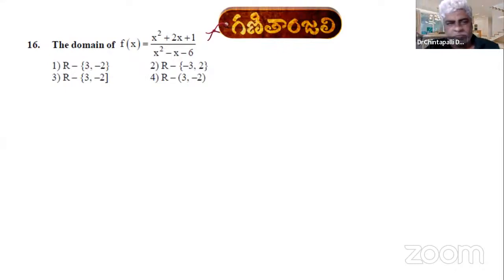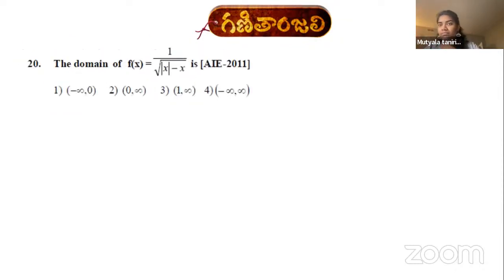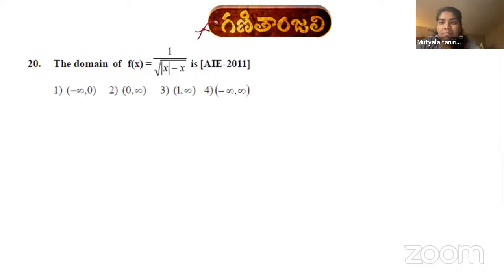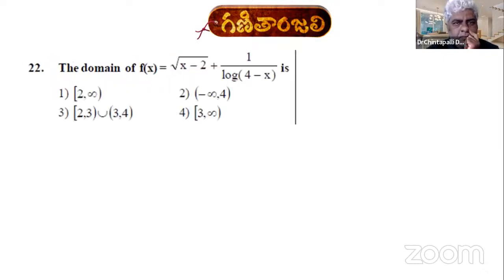See, we did this sum. It's over. It's done. Yes, sir. What about this? Done. Yeah. Done. I asked you to do this sum.